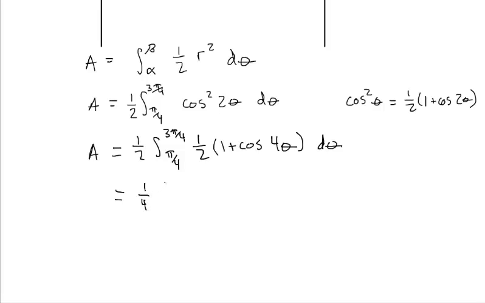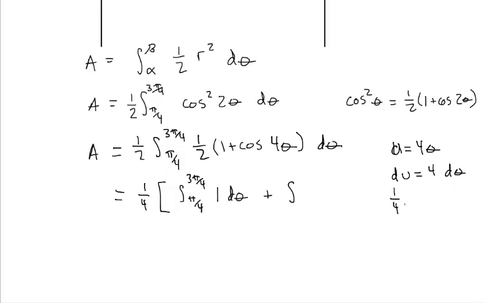So I have 1/4 times, and now I'm going to write this as two separate integrals because we're going to need to use u substitution for cosine of 4 theta, and we're not for 1. So I'm going to have the integral from pi over 4 to 3 pi over 4 of 1 d theta plus the integral. And now our new integral with our u substitution, if we say u is equal to 4 theta, du is equal to 4 d theta, and then 1 over 4 du is equal to d theta.